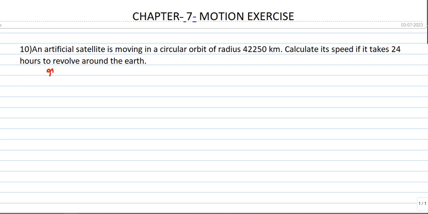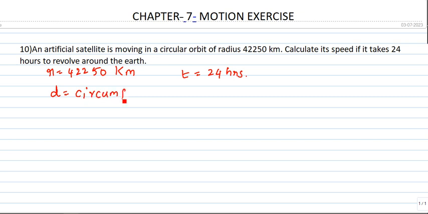We have the radius to be 42,250 kilometers and the time is 24 hours. So we have to find out the distance. The distance travelled by the artificial satellite will be the circumference of the circle.